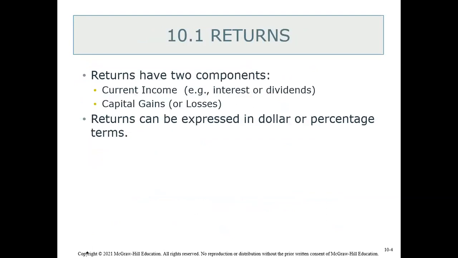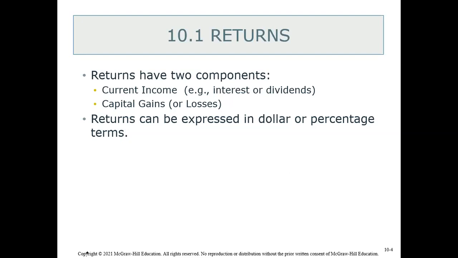So let's begin with talking about returns. Two major types of returns are dollar and percentage. Now, what's very important to remember is returns are two components. There's what we call current income, which is that direct cash payment from an investment, like interest or dividends in a year.